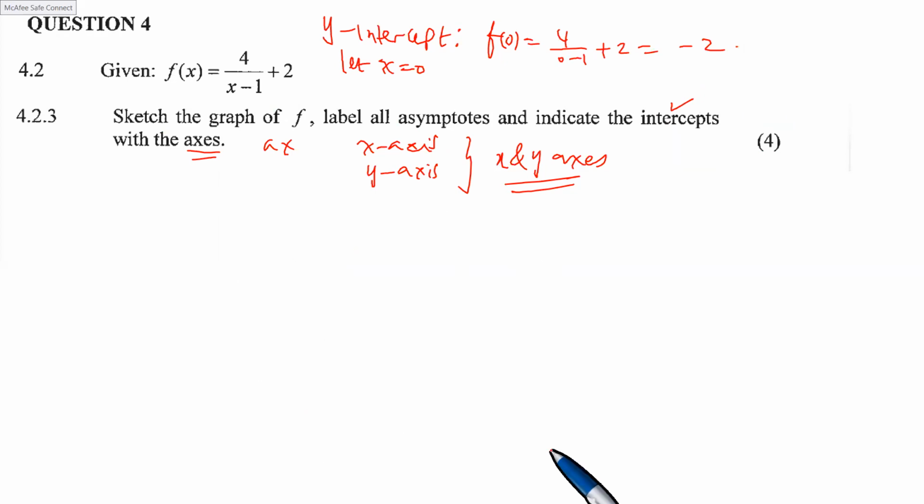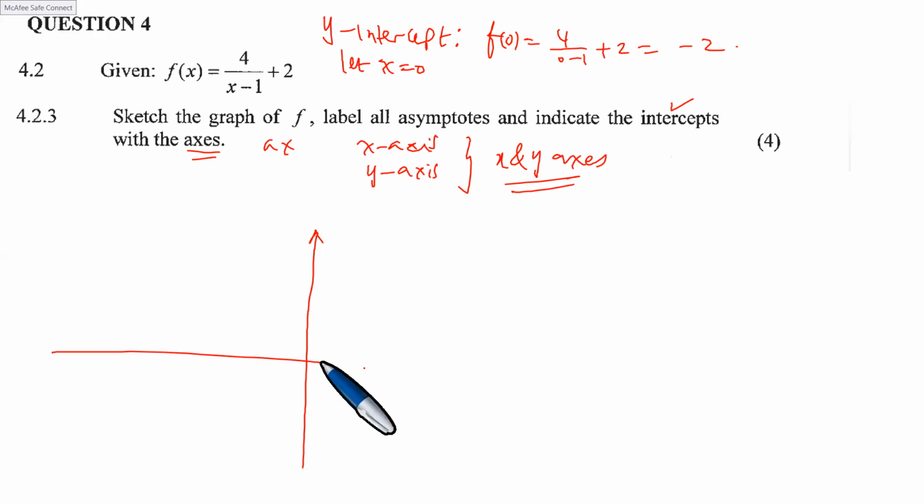If this is the case, what are we getting here? We're able to achieve a couple of things, and we already know that at this point we can sketch the graph. So we need to draw our coordinate axes like this. Our vertical asymptote x equals 1, and y equals 2.